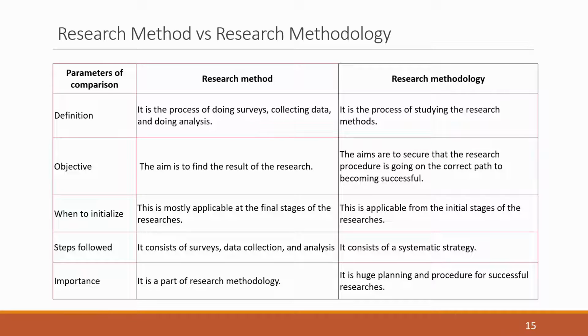And of course, for research method, that means we have to define a particular or specific method for our own research. But research methodology covers research methods, and in the part of research methodology, you have to prove your method is correct.